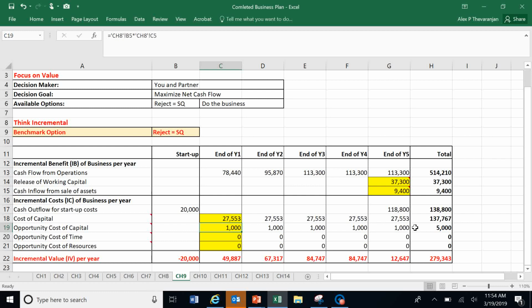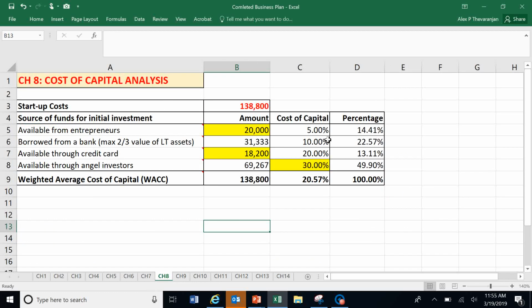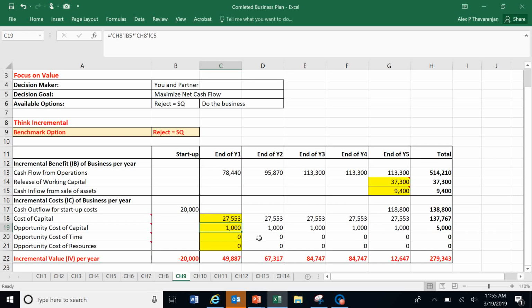That's another cost of doing this. Then you have your opportunity cost of capital. The $20,000 that you pulled out, you are foregoing at least 5% interest. So 5% of 20,000 is 1,000, and you have that number going through.